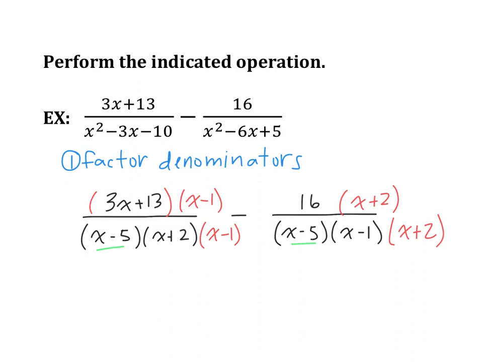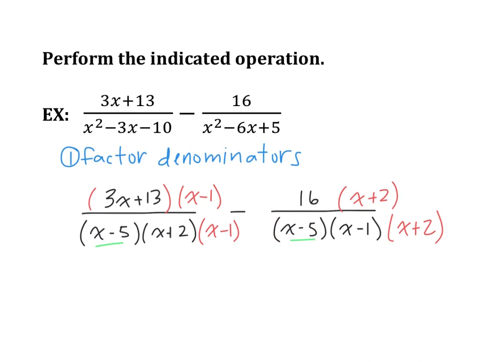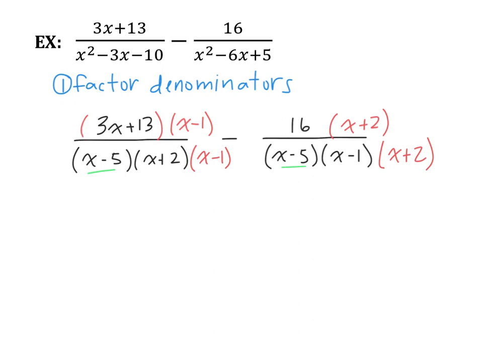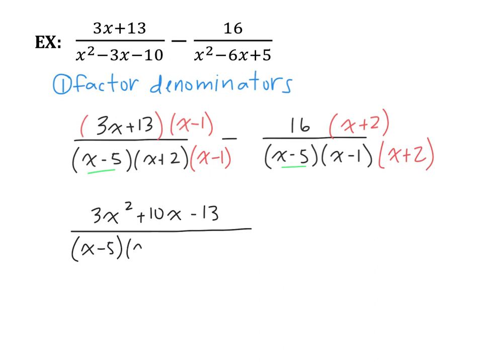What we need to do is multiply our numerators. Let's not combine them quite yet. I'm going to jump to what we should get when we multiply this through. 3x plus 13 times x minus 1, we would get 3x squared plus 10x minus 13, all over that common denominator, x minus 5, x plus 2, x minus 1.